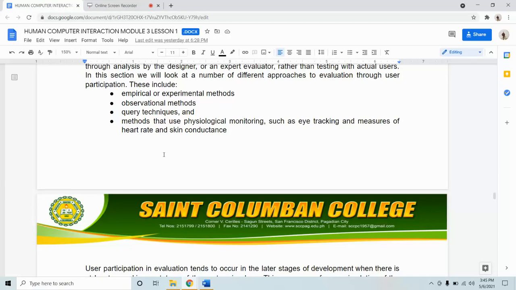When the dancers are dancing folk dance, ang nahitabo is ang mga end users or ang mga audience, they are observing. Okay? And so with query techniques, we allow the end users to ask questions, and also we do the same. So we will arrive at gathering vital information that will help us arrive at the ideal end product.